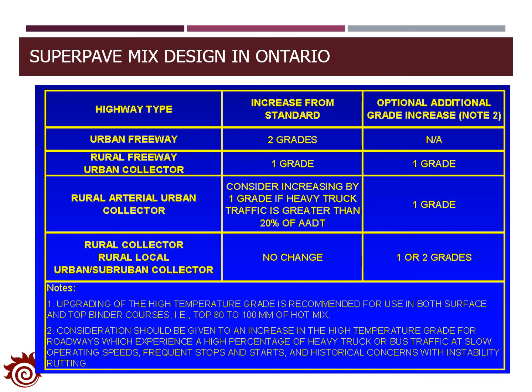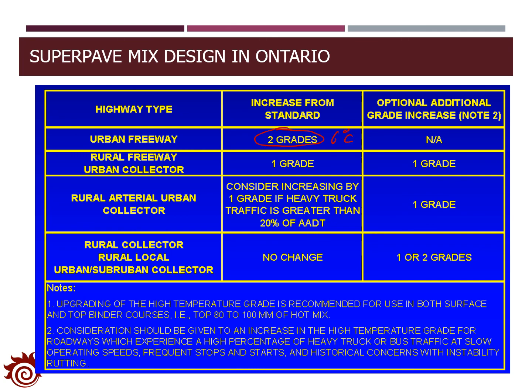The table here summarizes the adjustment about the performance grade in Ontario with respect to the traffic conditions. Actually, this adjustment is related to the road types. For urban freeways, we need to apply 2 grade increments from the standard performance grade, and each grade of increase represents 6 degrees.